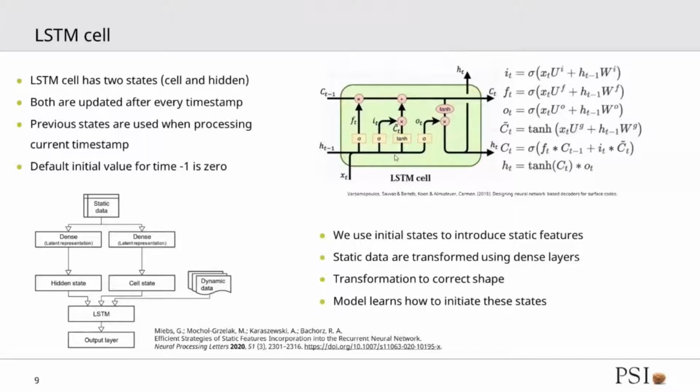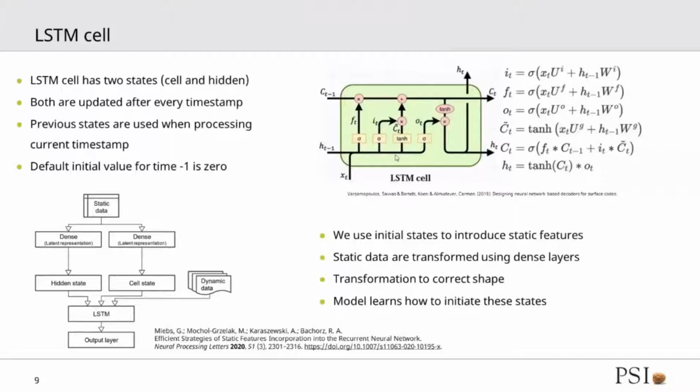We want them to take part in the backpropagation algorithm. And we solve both of these problems by introducing between the static data and the initial state a dense layer, so the typical ones actually, which firstly transform data into a given shape, and what is more, they transform them into different values using weights in these dense layers, which are subject to the training.